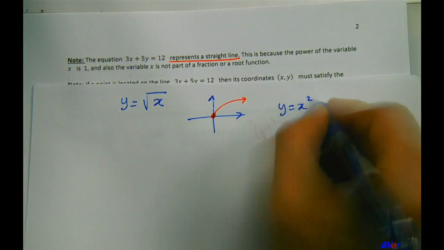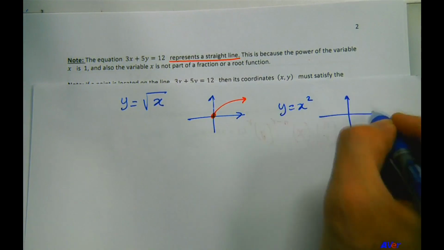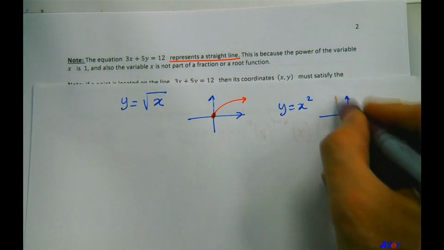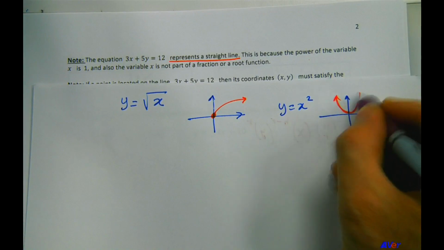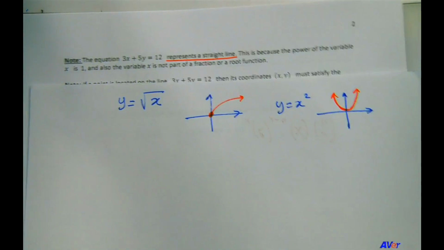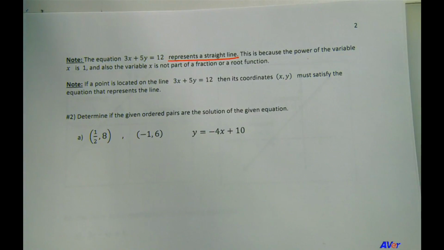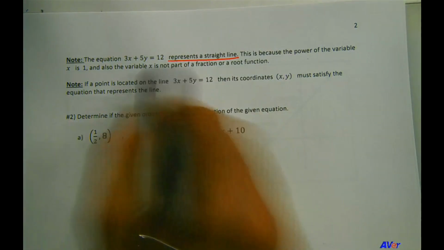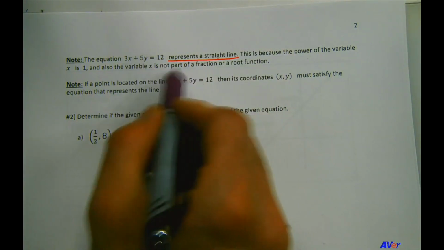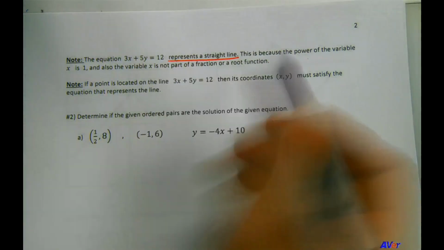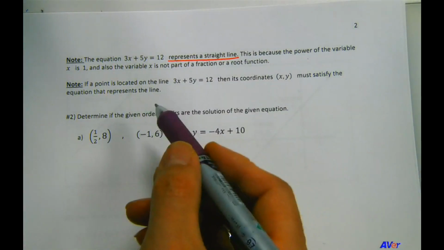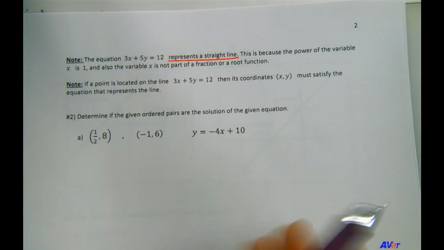If you have y equals x squared, that's also not a straight line. The graph for that is something like that. Okay. But here, none of that is happening. You don't have a square root. You do not have x squared or y squared or anything of that nature. So it is a straight line.